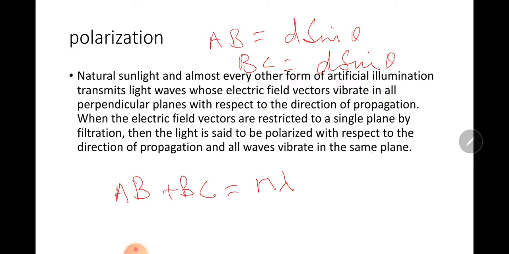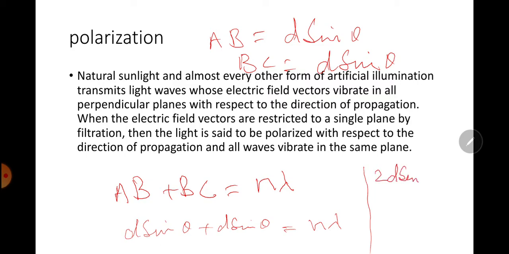So their sum, d sine theta plus d sine theta, is equal to n lambda. So 2d sine theta is equal to n lambda. This is Bragg's law.